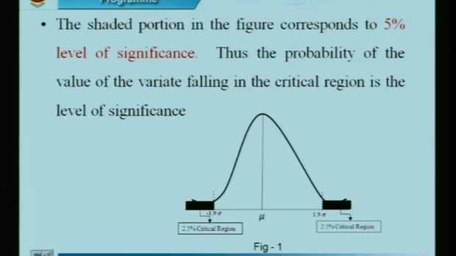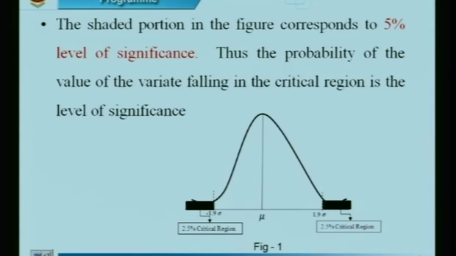That means the first critical region is minus 1.96 up to plus 1.96, and the second critical region we consider as minus 2.58 and plus 2.58. That is another critical region respectively.